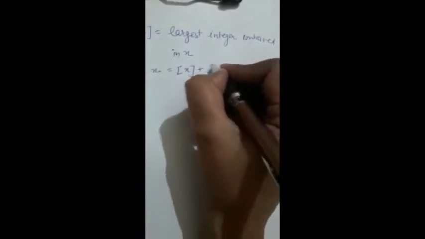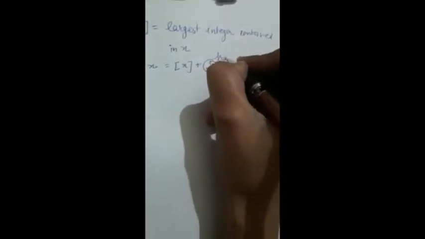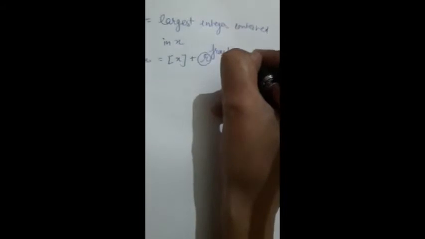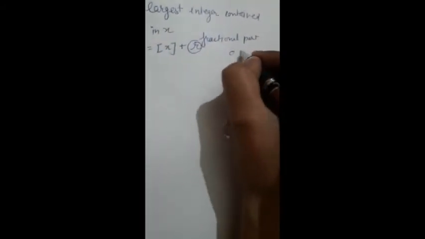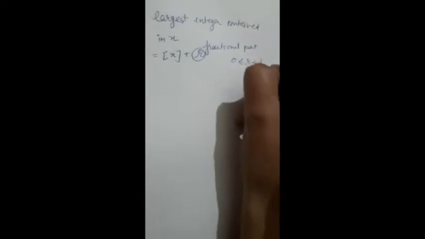Therefore, x can be written as its integral part plus its fractional part, and the fractional part is greater than or equal to 0 and strictly less than 1. Now we are going to prove the properties of the greatest integer function.